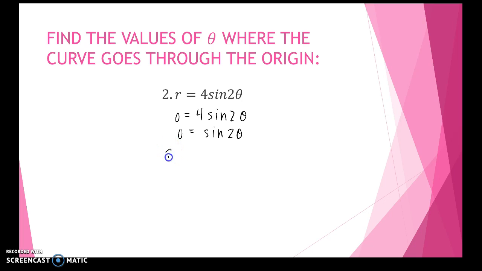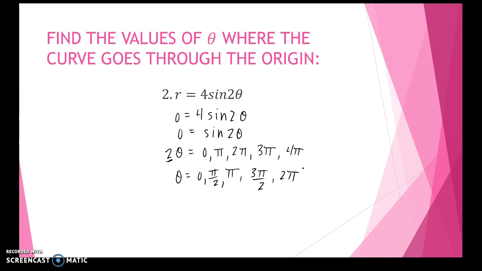Okay, so now we have where 2 theta, so the sine equals 0 at 0, pi, 2 pi, and 3 pi. And remember, when we have this coefficient to the angle measure, we get twice as many values, because then we have to divide each of our values of theta by 2. Okay, and if we did 4 pi, so that would give us 1 rotation in the unit circle.